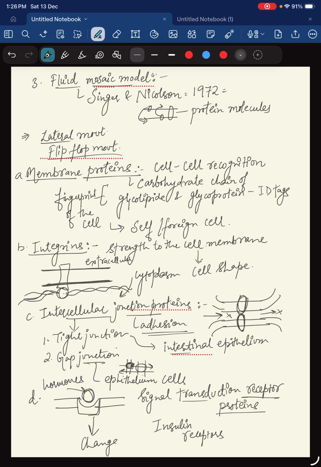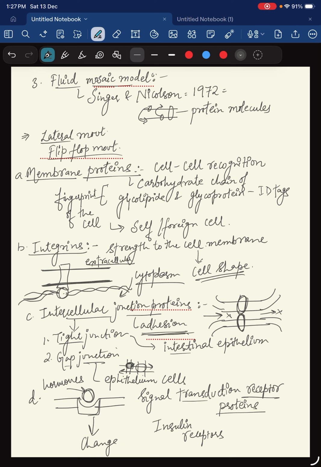Integrins are present to maintain communication between the extracellular part and the cytoplasmic part, and they are responsible for giving rigidity or cell shape. Then we have seen intercellular junction proteins, wherein we studied tight junctions and gap junctions, which are a type of adhesion, sticking proteins.